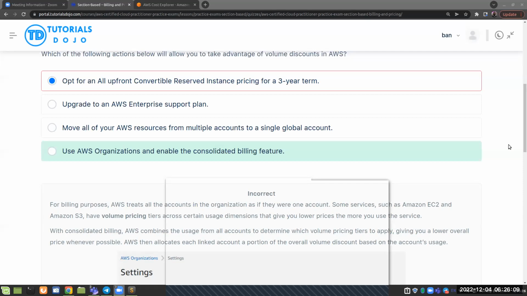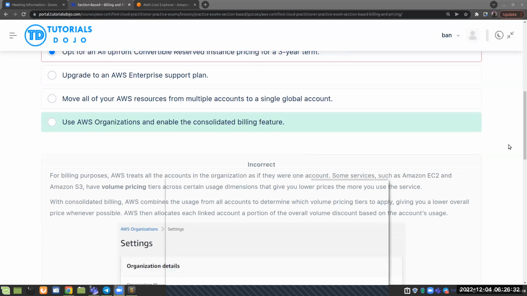And consolidated billing with AWS Organizations gives you discounts as a whole because you're using many accounts. I'm not sure if I should say economies of scale here. Okay, thanks, Alice, for explaining that.